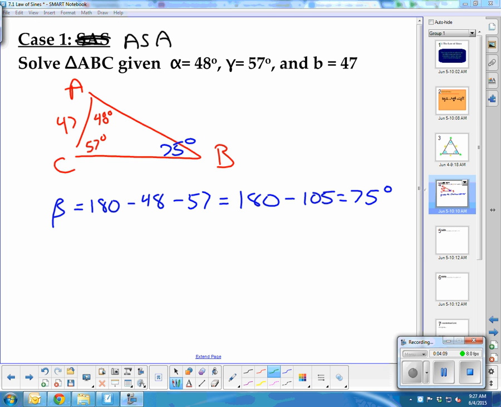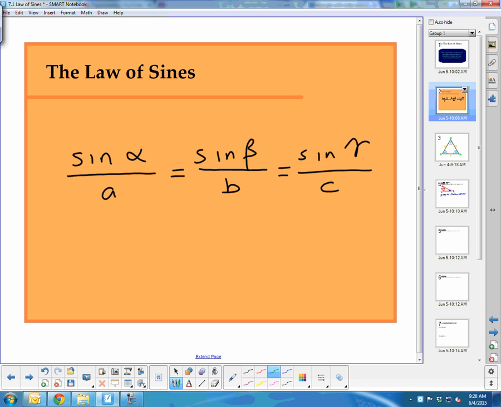What is left is to find the measurement of side a and side c. And I am going to start by using one of my completely known ratios. Using the law of sines, what I need to complete any single ratio is knowing the angle measure and the opposite side length.